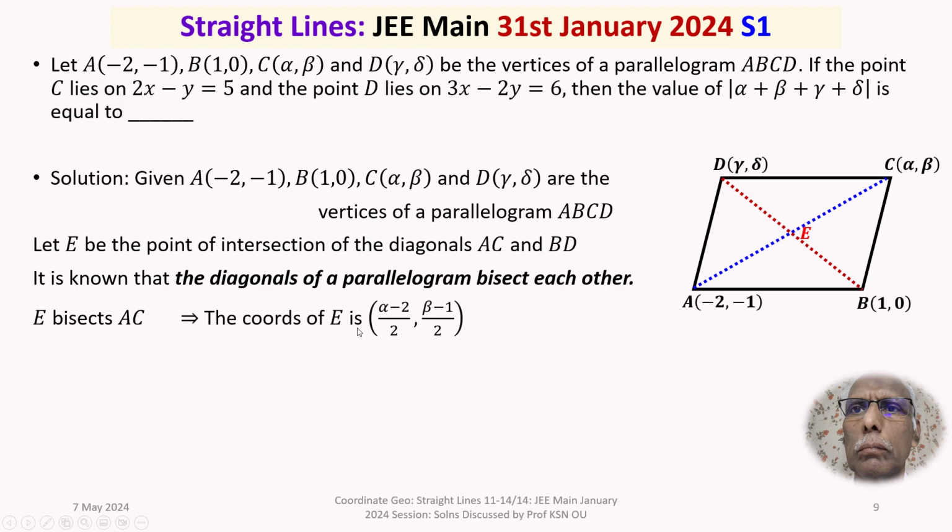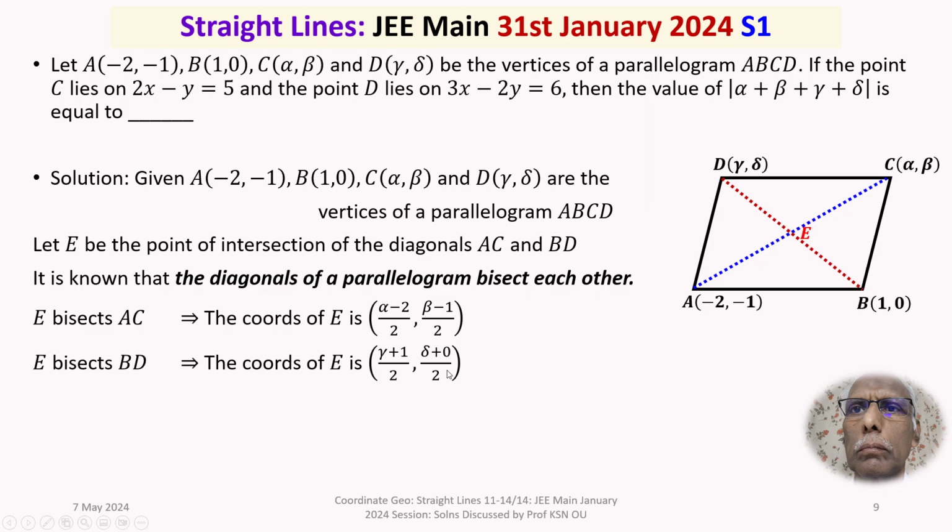The coordinates of E will be, by the midpoint formula, (alpha plus minus 2) by 2, that is alpha minus 2 by 2, comma, (beta plus minus 1) by 2, beta minus 1 by 2. E bisects BD in a similar fashion. You will get gamma plus 1 by 2, comma, delta plus 0 by 2.